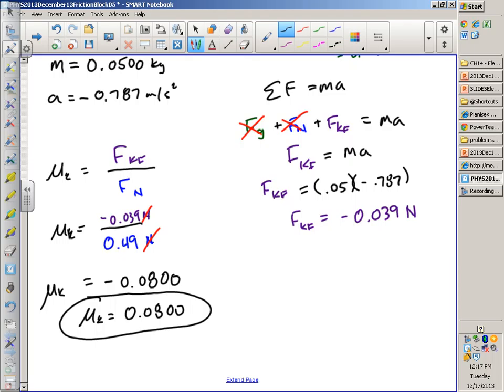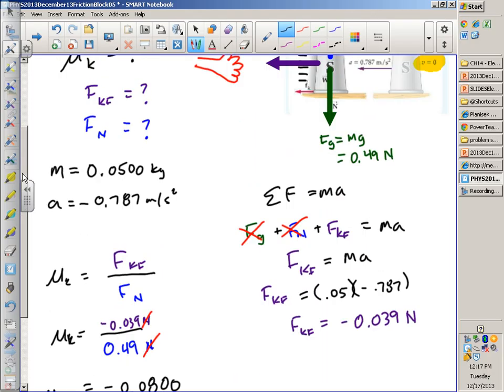All right, so one last thing before we move on to the next part. I told you earlier that the coefficient of friction relates to the surfaces that are involved, but the actual force of friction relates to the specific object in the situation that we're dealing with.